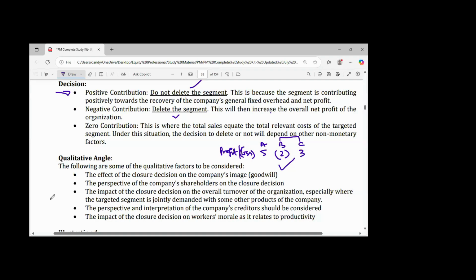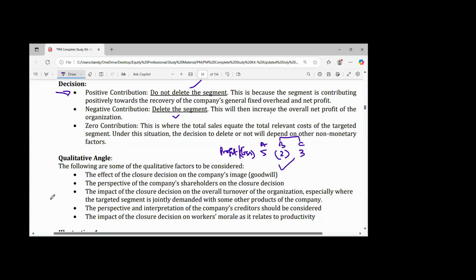If that is the case, it means you want to jettison my own idea since you are no more producing it, and that can create bad blood among the shareholders or the directors of the company. So before the final decision is taken, the decision to close down the segment should be brought to the attention of relevant stakeholders. Let them be aware of the reason why the management is thinking in that direction.